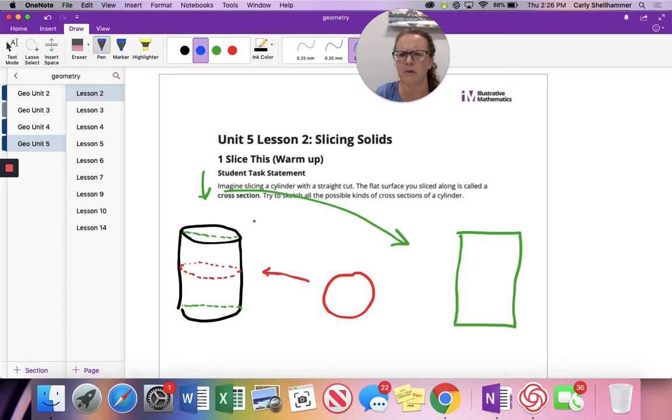I can go sort of wonky. If I were on this end of that circle and that end of that circle, it would still be a rectangle, just possibly smaller, right?